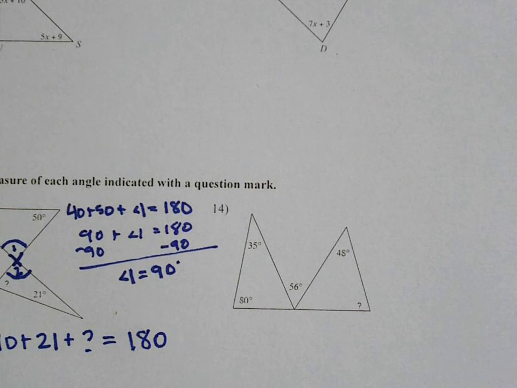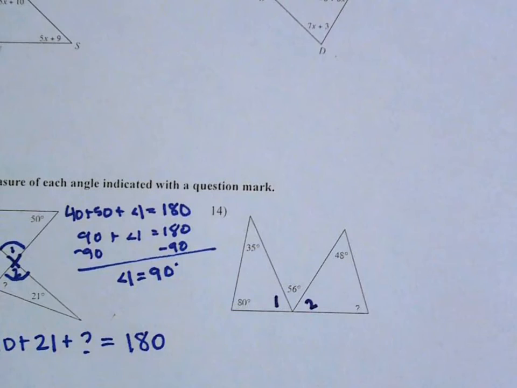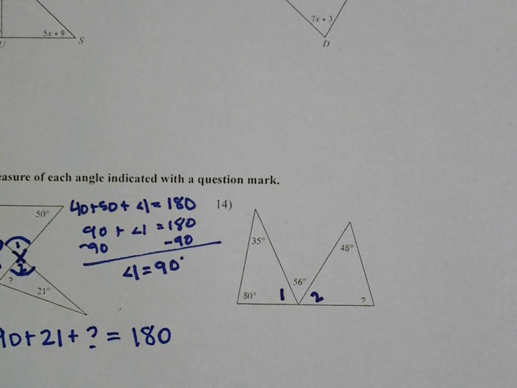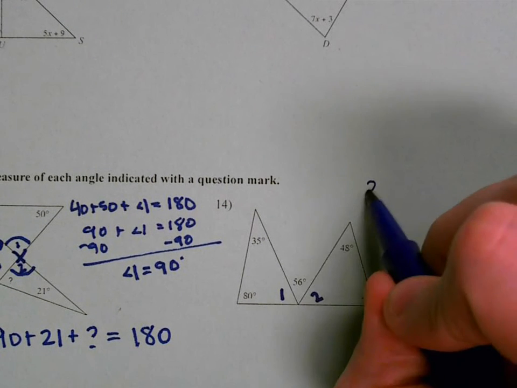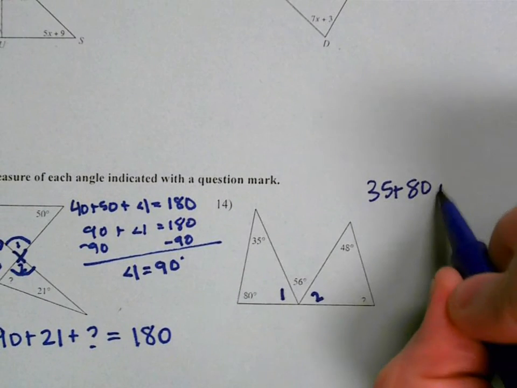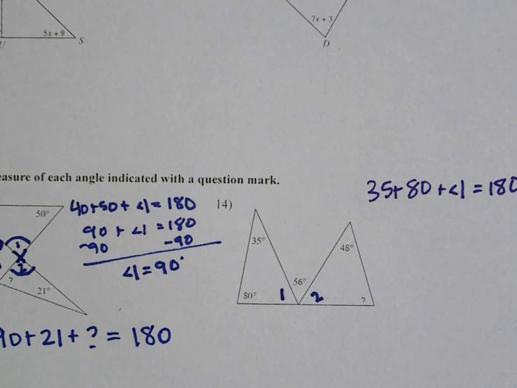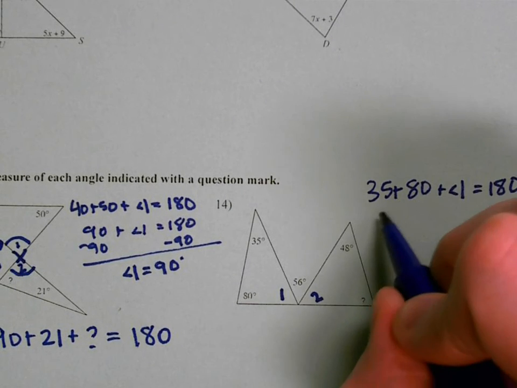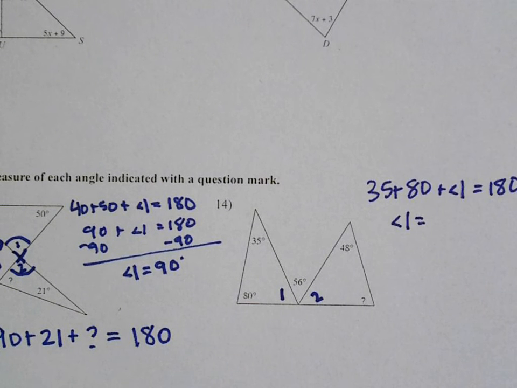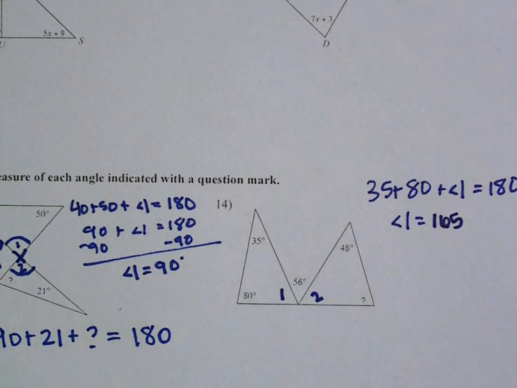Okay, so again, I'm going to label all of the angles that I don't know yet. I don't know this angle and I don't know this angle. Can I find angle 1? Yes, I can find angle 1 by adding together the angles of the triangle, this first triangle. Okay, so then when I add these together and subtract them, that gives me angle 1 equals 165.